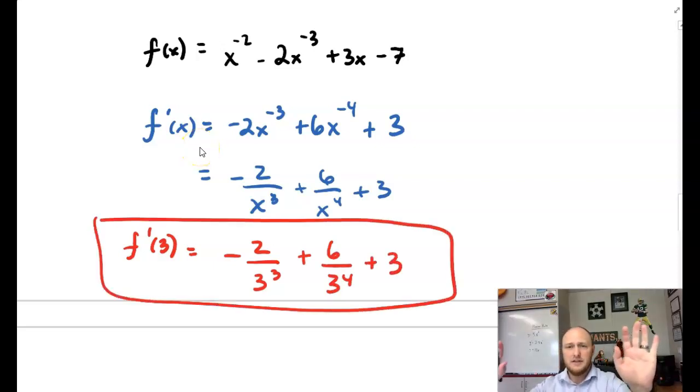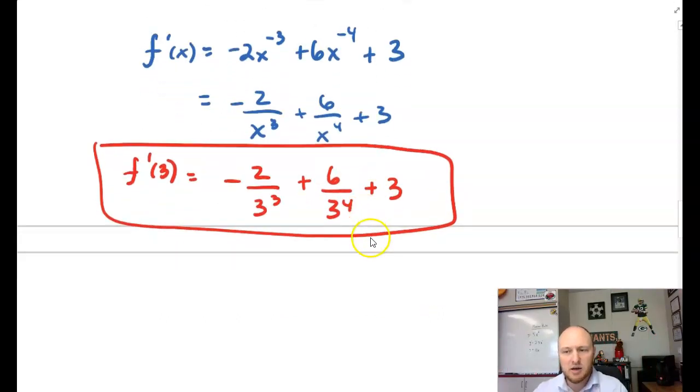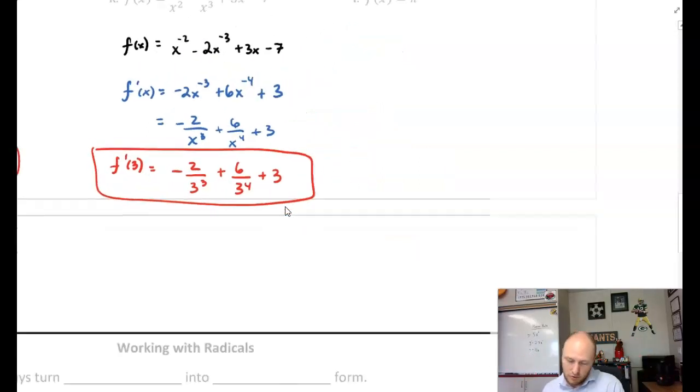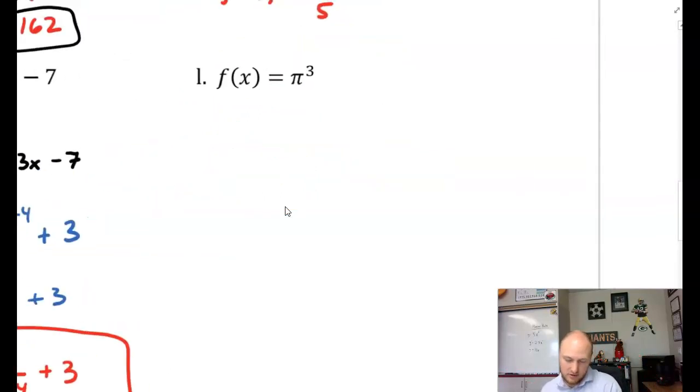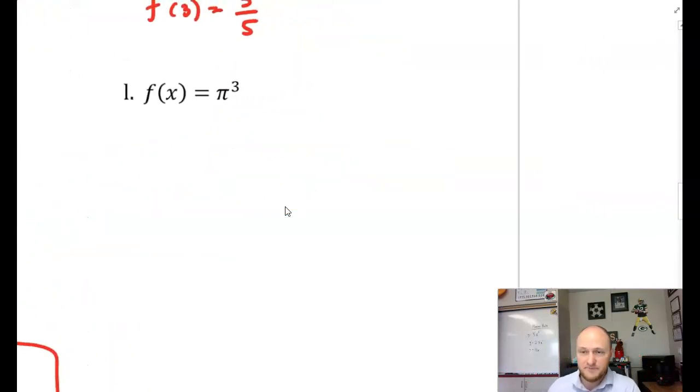Isn't that numerical form? Could I plug this into a calculator? Stop. Do I have to simplify? What about the exponents? Just stop. That's in all numbers. There's no variables. You can plug it into a calculator. Stop. That's the answer. But like, what is it? I don't care. You don't have to do it. Now, obviously, if it was multiple choice, you're gonna have to. They're gonna make you simplify that.